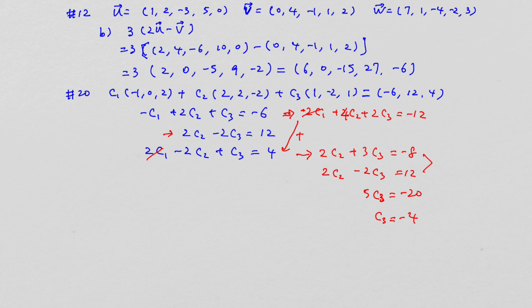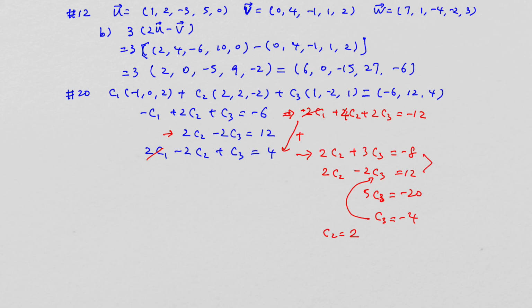Once I get C3 equal to negative 4, I can go find my other ones. I put it back into either one of the equations, it's up to you where you put it. I solve for C2, and my C2 comes out equal to 2.